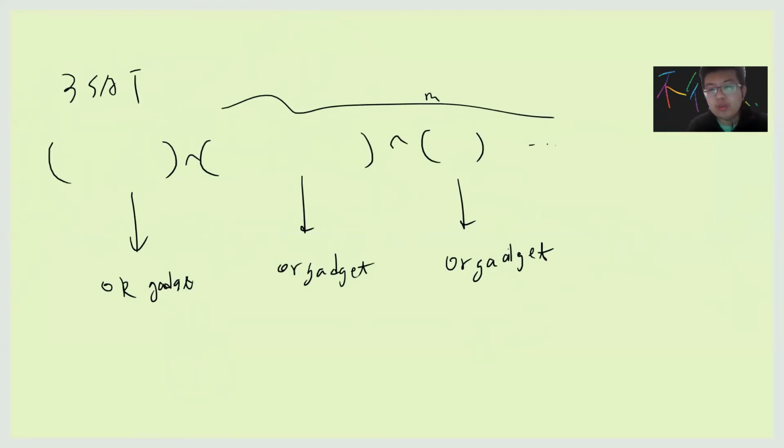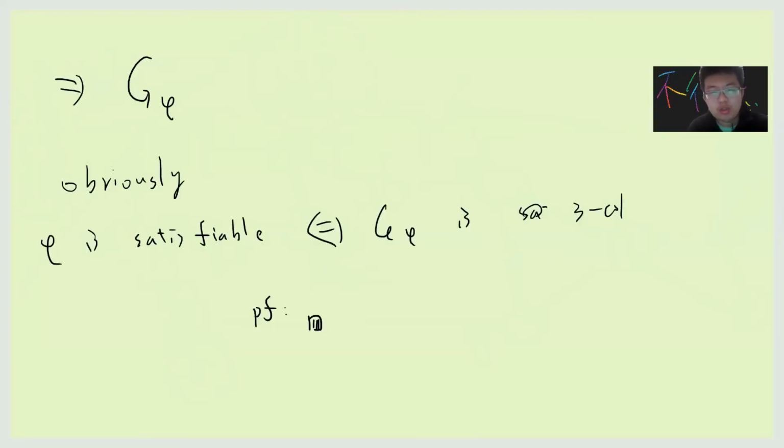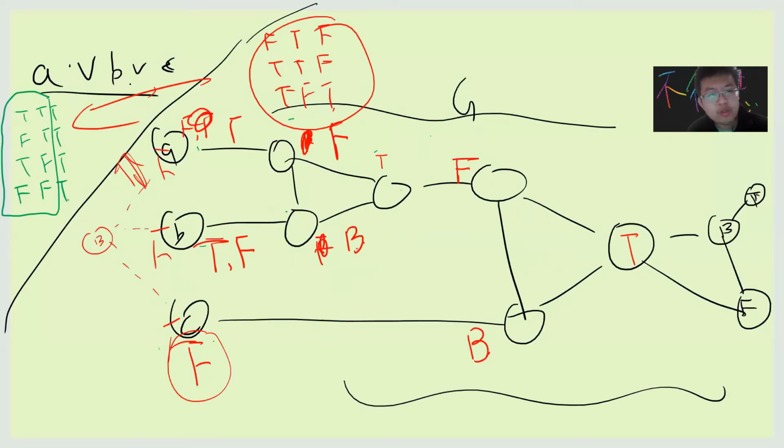And then this is polynomial. The reason is trivial, because for each clause, you exchange it with this gadget. This gadget is finite: you can count 1, 2, 3, 4, 5, 6, 7, 8, 9, 10, 11, 12, 13.